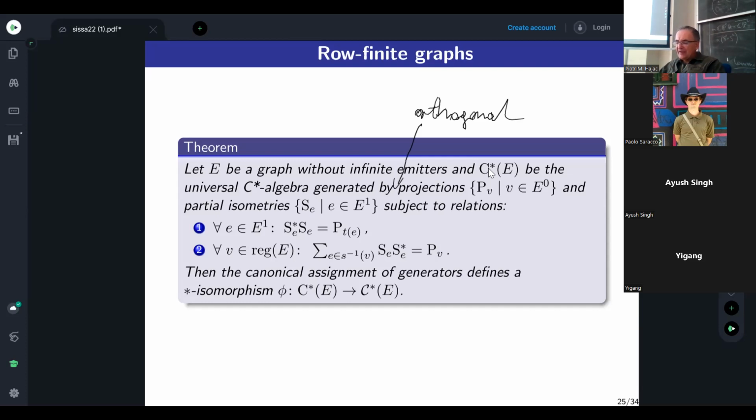Again, I have a canonical assignment which just changes the fonts. And obviously you have fewer relations on this straight C-star algebra side. So the star homomorphism exists from the straight C-star of E to the calligraphic C-star of E. Okay, because you have fewer relations on the left-hand side. So all the relations which are in the straight C-star algebra are satisfied by assumption in the calligraphic C-star algebra.